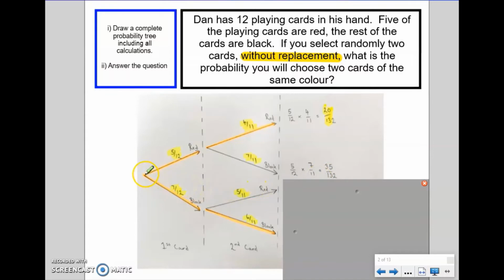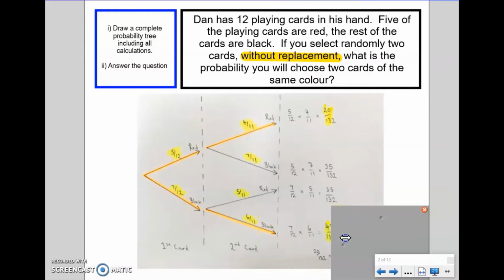I also have an option of choosing a black card and then choosing a red card. Probability of that would be 35 over 132. And I also have the route of choosing a black card followed by a second black card, which would give me the probability of 42 out of 132.